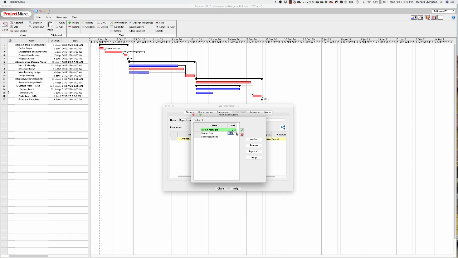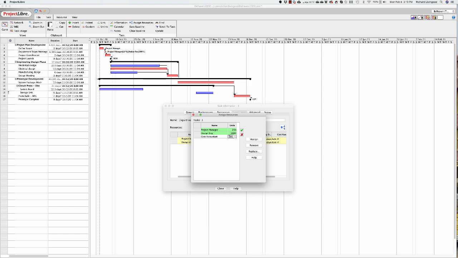So we're going to assign design engineers, and we're going to assign 200%. Actually, we got a couple of departments, so let's make it 300%. And then the cost accountant will assign for 25% of the time. Okay.